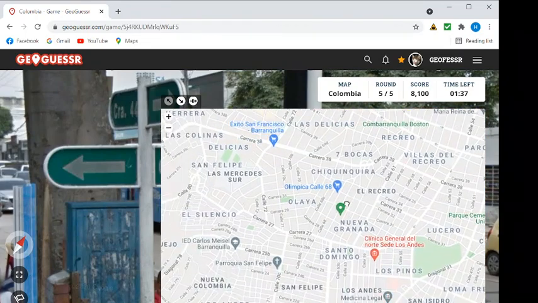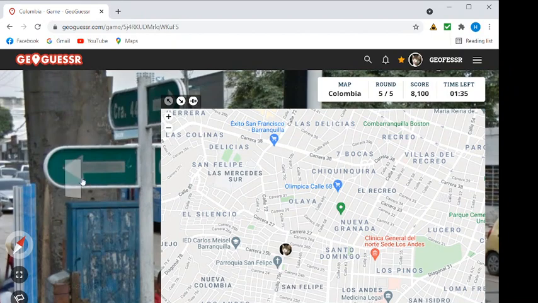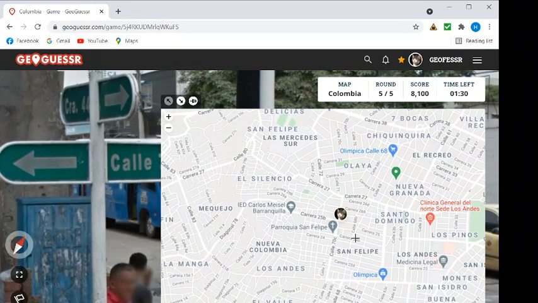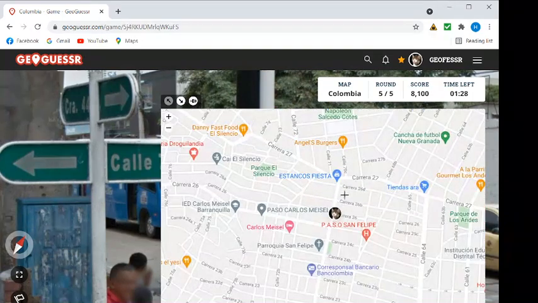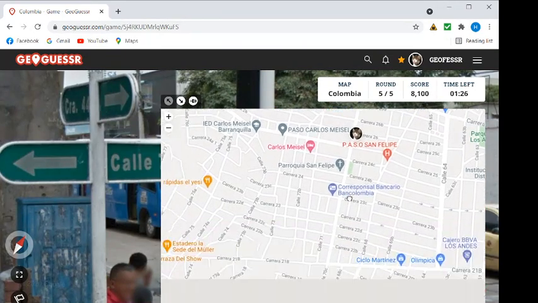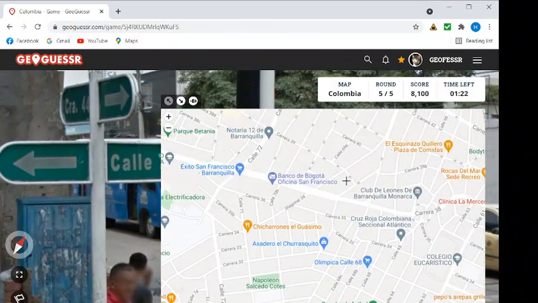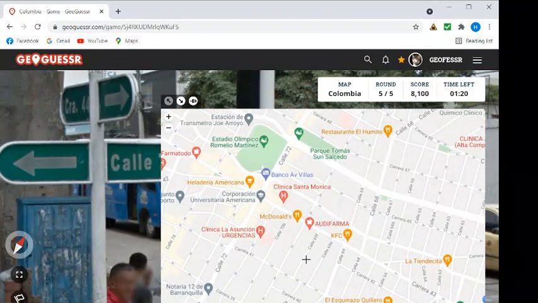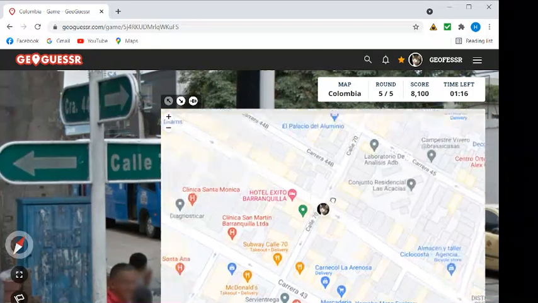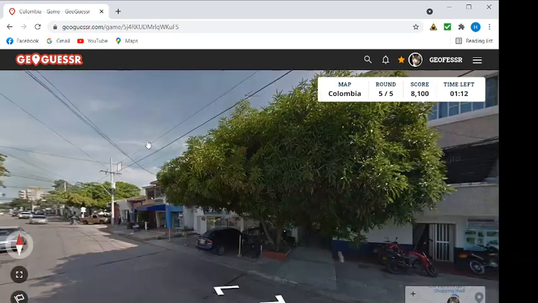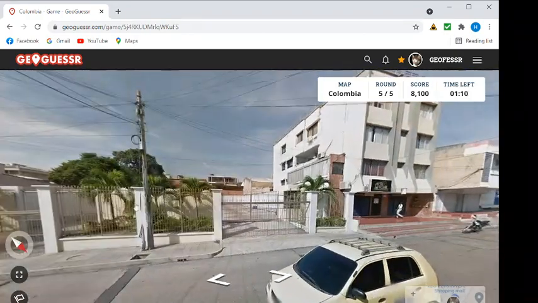We have 61, 70, and then oh, it's Carrera, not Carretera. So it's Carrera 44. So that's yeah, Hotel Éxito. That's what we saw, right? We returned to start.